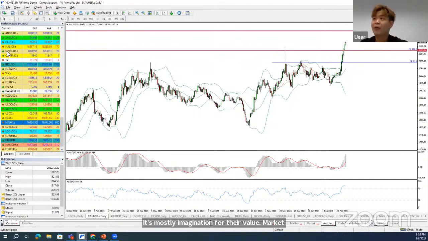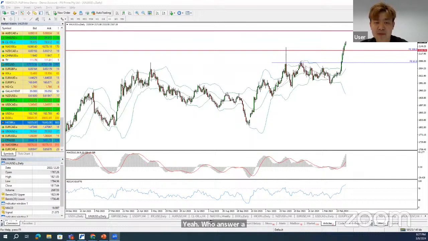So support and resistance levels just let you understand what global investors are thinking. For example, if gold suddenly breaks above the resistance level, it means more of the investors are more confident towards gold, and vice versa. I hope I answered the question, and if there are more questions that you want to ask me, please go ahead.